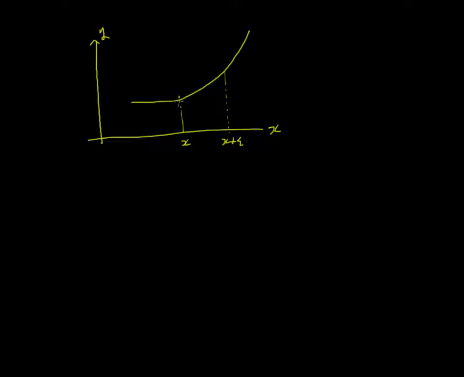Then the value there will be f of x, and the value here will be f of x plus epsilon. So if we look at f of x plus epsilon minus f of x, we're looking at this height here minus this height here, which is this height here. Now if we take that across here, we would have that height there.